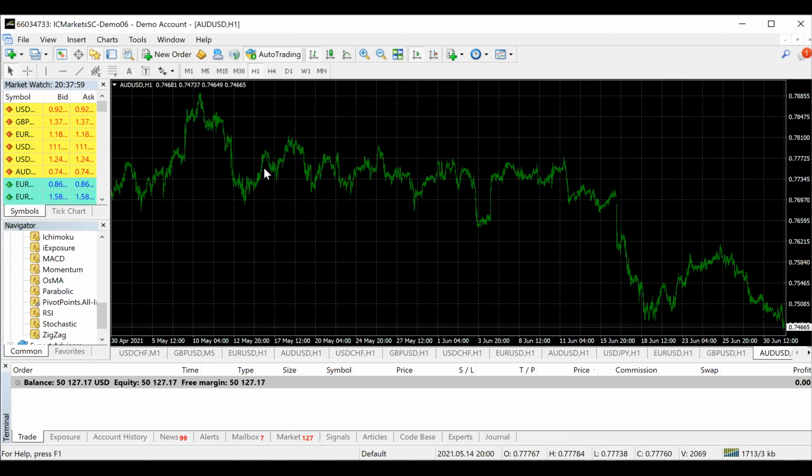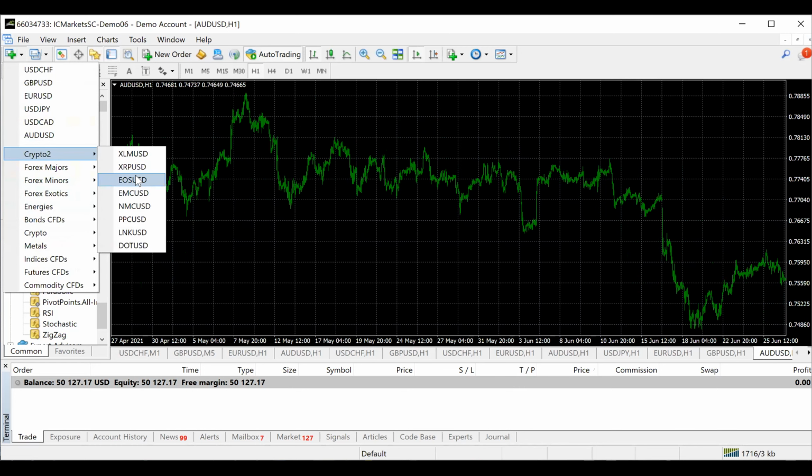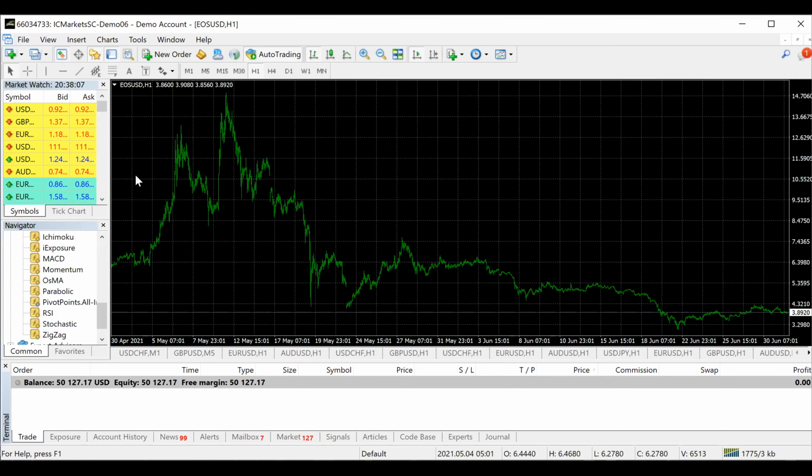All of these just give us some consolidating. Although this one doesn't range a lot. Now, this is how a fake breakout works, because we don't see a pair that gives us a perfect example.